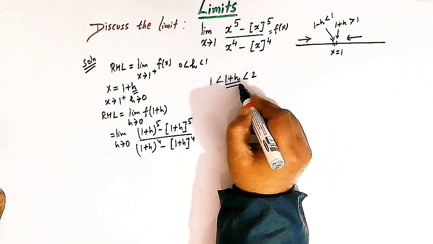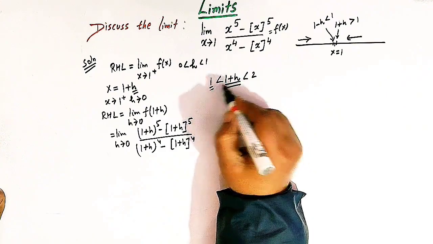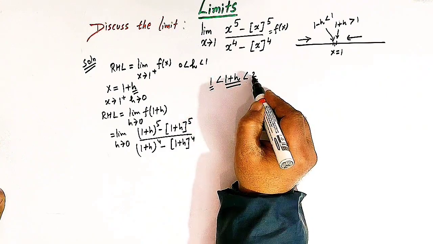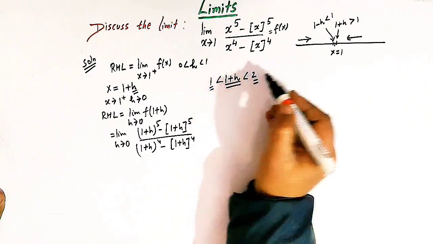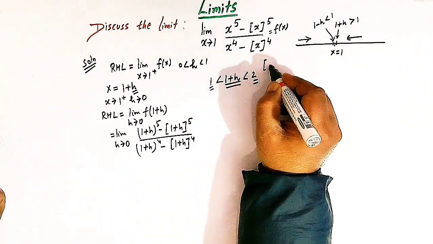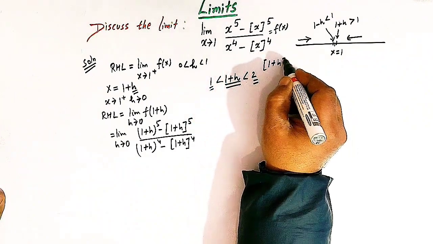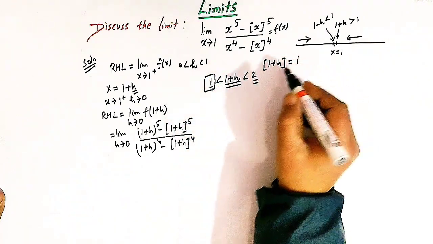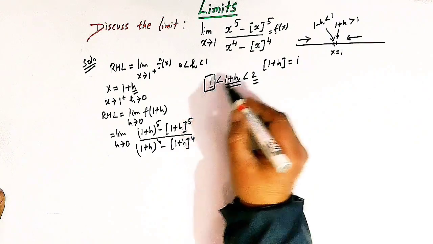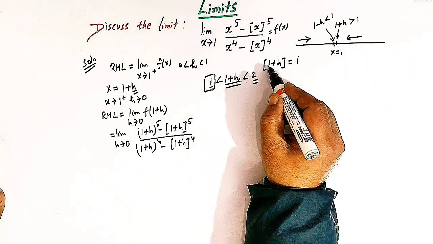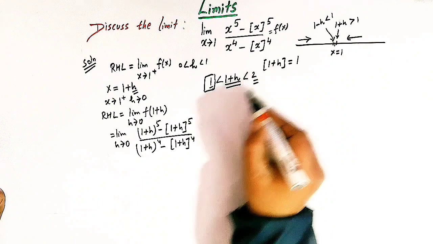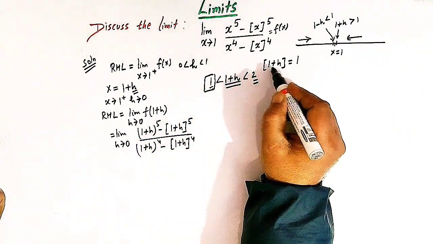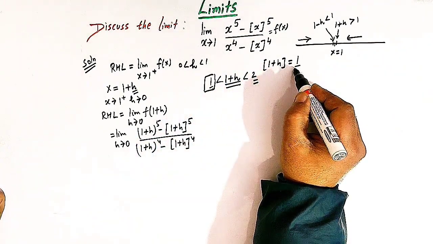So 1 plus h lies between the two integers 1 and 2, and from the definition of the greatest integer function, we can say that the greatest integer of 1 plus h is equal to 1, because 1 is the greatest integer less than 1 plus h. So now the greatest integer of 1 plus h may be replaced by 1.